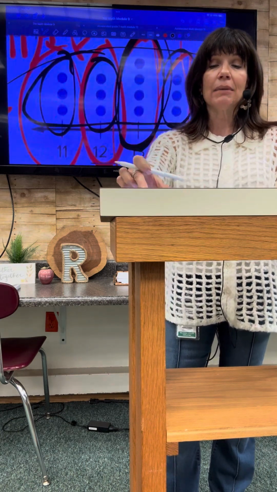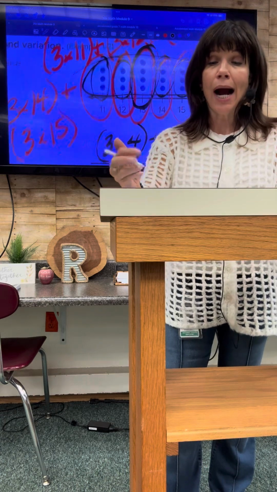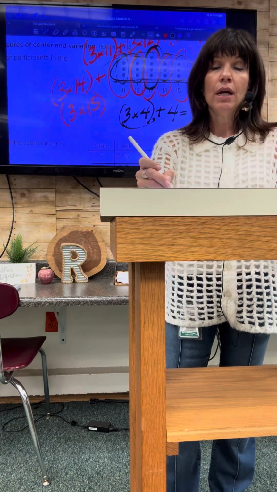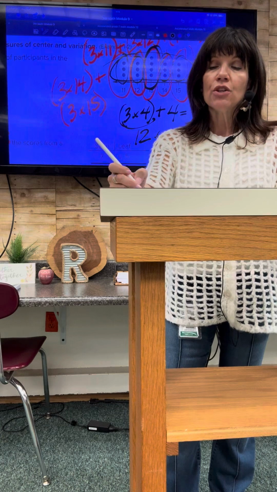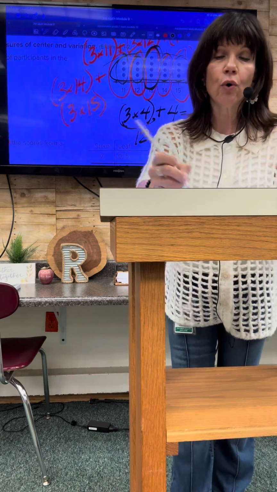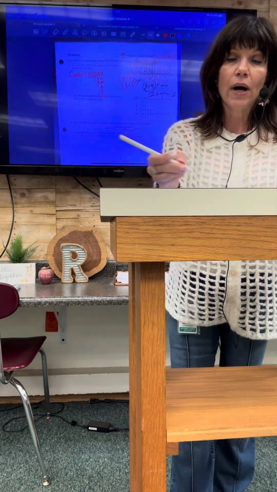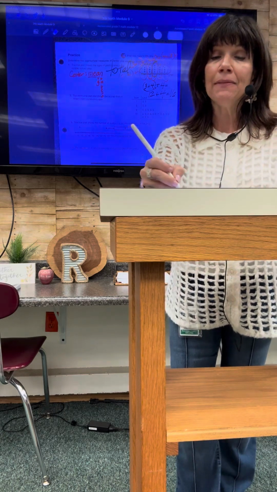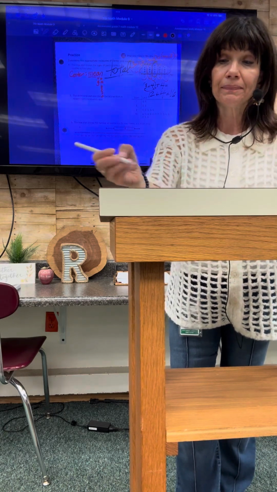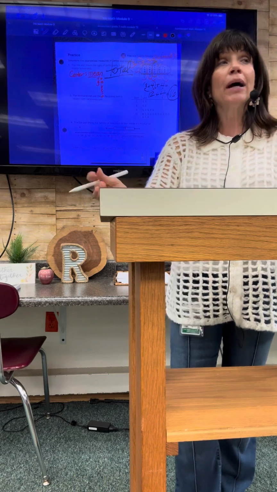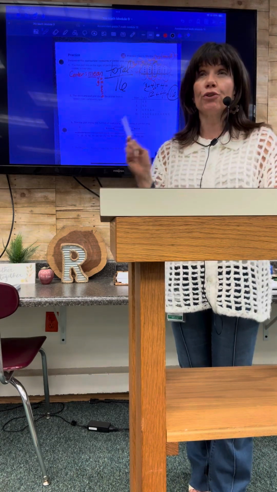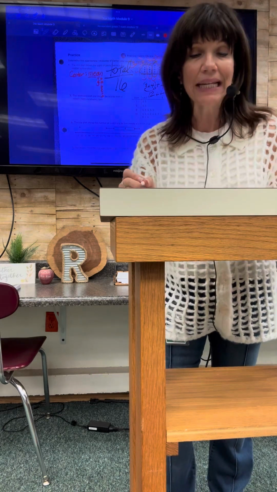How many dots in my center column? 4. I'm confident you guys can do this mentally. What is 3 times 4? Plus 4. So in the end, whatever total you get, you will then divide that total by what? What's the number of numbers? 16. Please write yourself a note so later you will know how to find your mean.